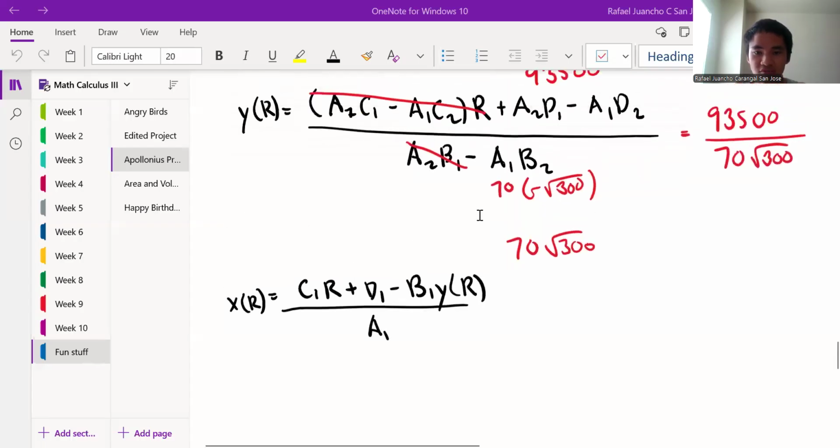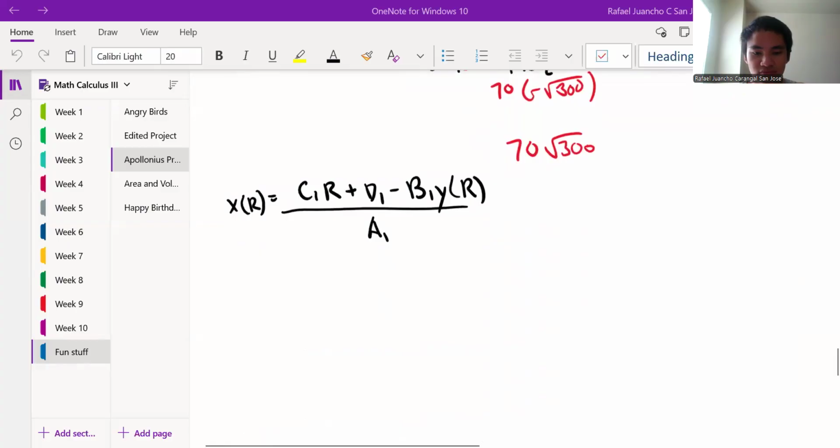I'm gonna go back. Okay, so for here, C1 is, what was my decimals? C1 was 0. At least that saves the computation, right?